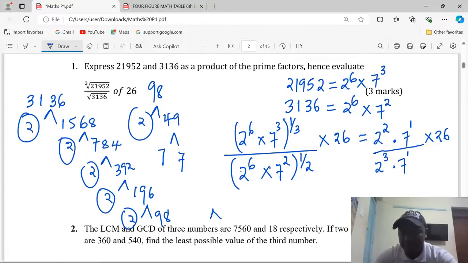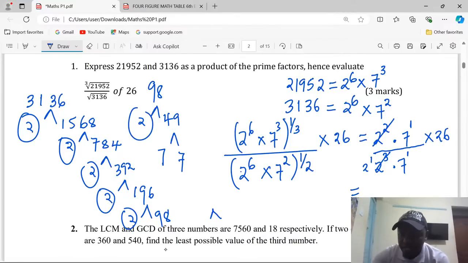We can finish up now by combining. When you have 2 power 2 divided by 2 power 3, the 2 power 2 can cancel, such that this becomes 2 power 1.